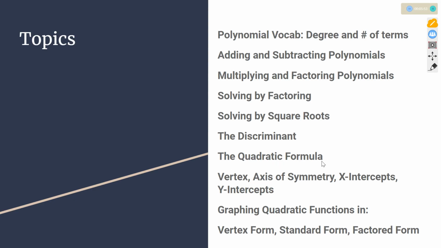You're going to be less confused. Then we have vertex, axis of symmetry, x-intercept, y-intercept, all the different forms: vertex form, standard form, factored form. If you don't know what these things are, then simply copying down the definition and having it there might be a good way to start. Okay, but like I said, it's not a great way because you might not know how to use it.